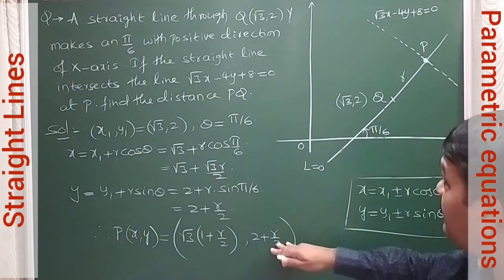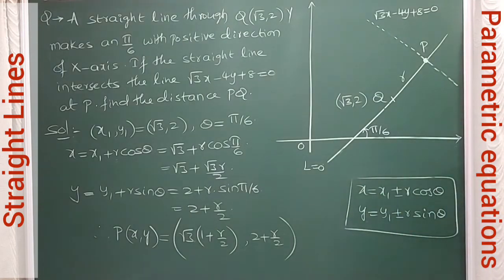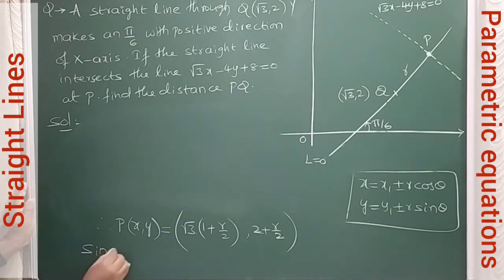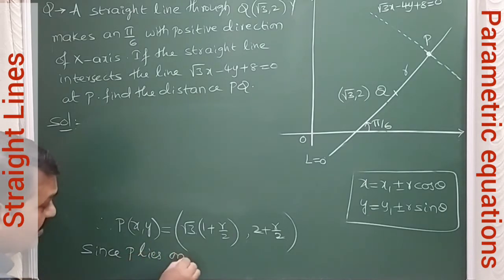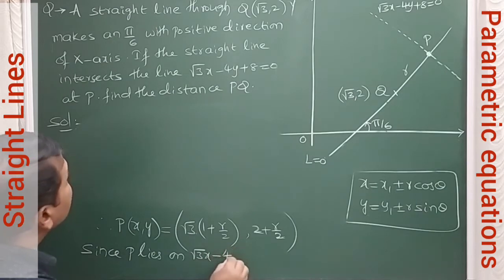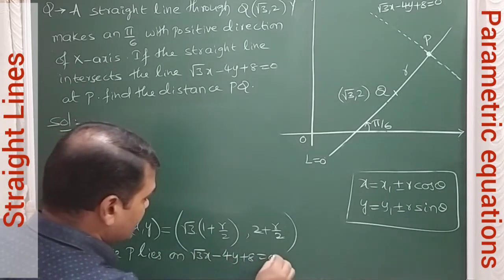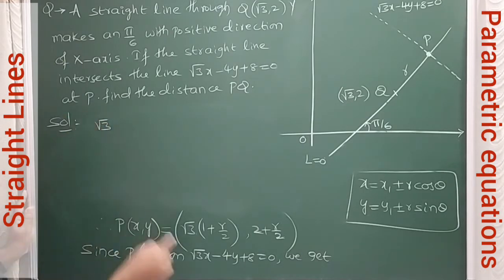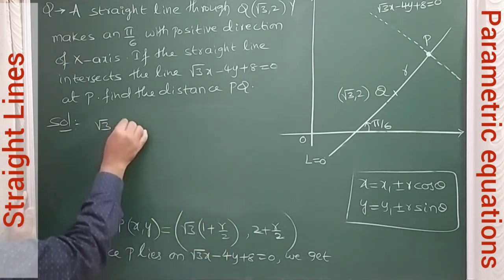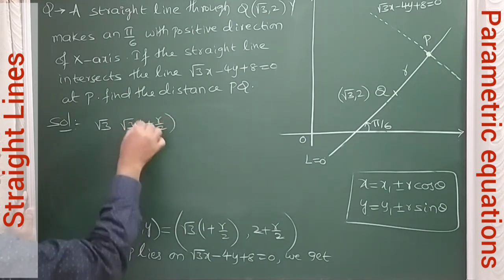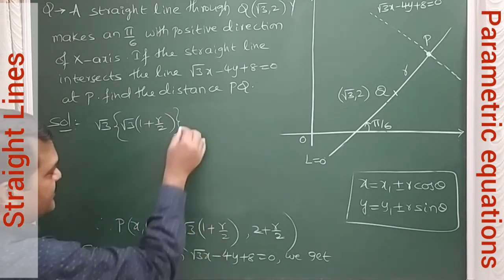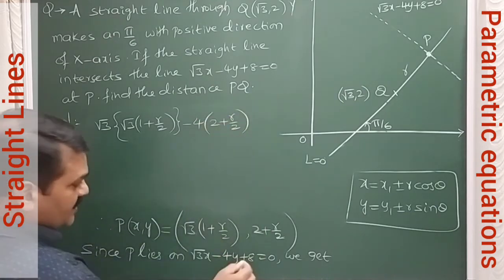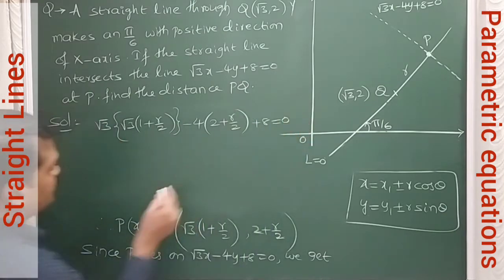Now we will substitute this point in the second line. That substitution you have to observe now. Since P lies on root 3x minus 4y plus 8 equals 0, we substitute the point: root 3 into, in place of x, root 3 into 1 plus R by 2, minus 4 into the y coordinate, 2 plus R by 2, plus 8 equals 0.